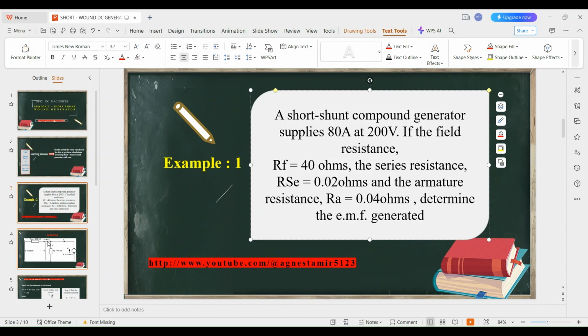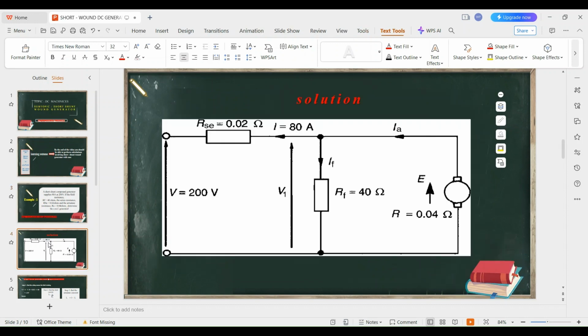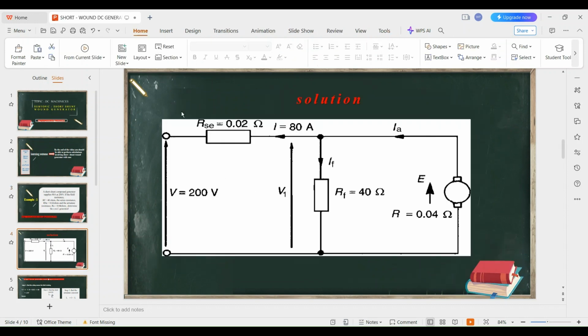Let's look at the solution, and we shall start by drawing the circuit diagram. Here is our circuit diagram for that problem. The series resistance RS is 0.02 ohms, and the current through that resistance is 80 amperes.